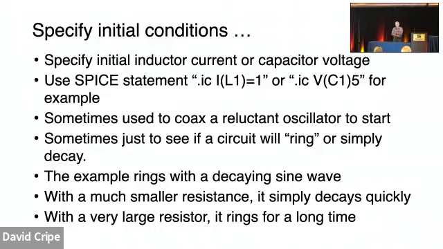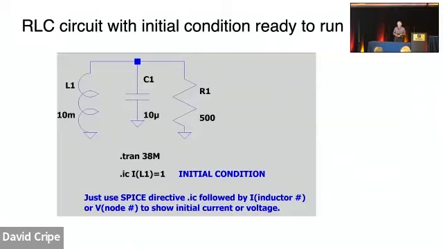I talked about transient analysis earlier. This example rings with a decaying sine wave because that looks cooler. But with a smaller value of resistance, it'll just simply decay off with no ringing. And with a large resistor, it'll ring for a long time. Okay, I put my initial condition statement in there.